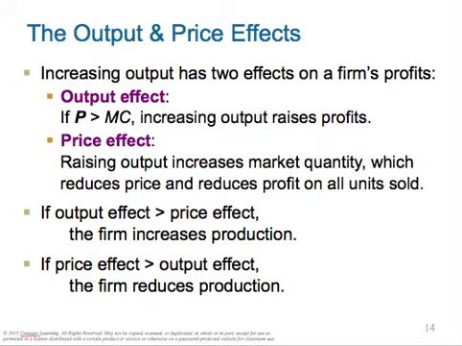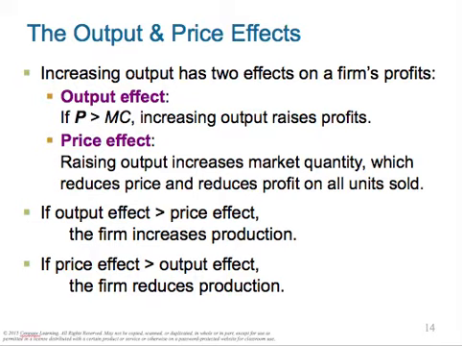If output effect is greater than the price effect, the firm increases production. Now, if price effect is greater than the output effect, the firm reduces production. Okay? So if a firm can increase its output and it outdoes the effect of prices, the firm will increase production because if you're increasing output and that doesn't hurt your price, you can make more money, so they produce more.